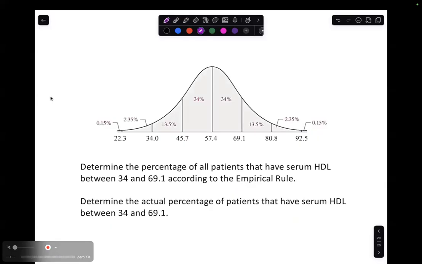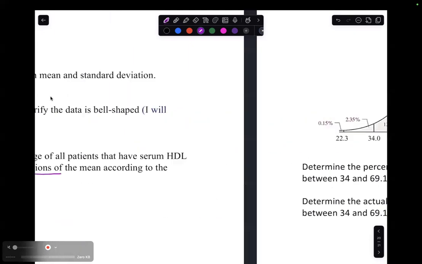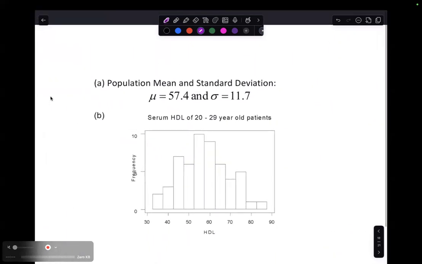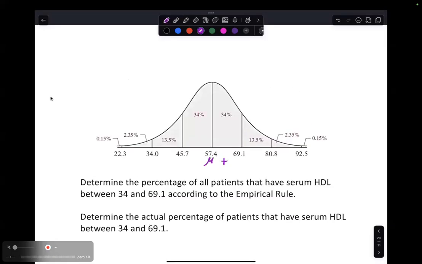This is the mean right here, and I took the mean and added the standard deviation. My standard deviation was 11.7. So I took 57.4 plus 11.7, and I got that right there. That's where that number came from. I added the standard deviation to the mean to get that first value.